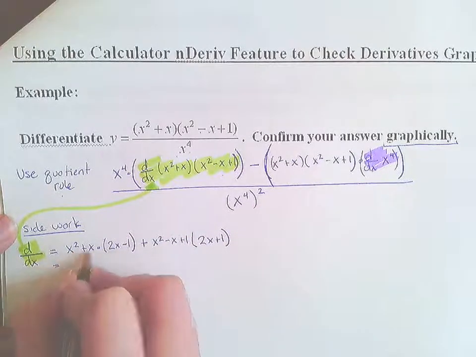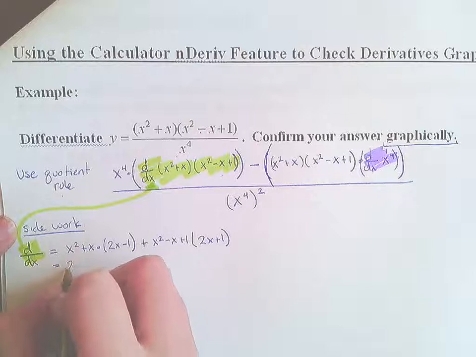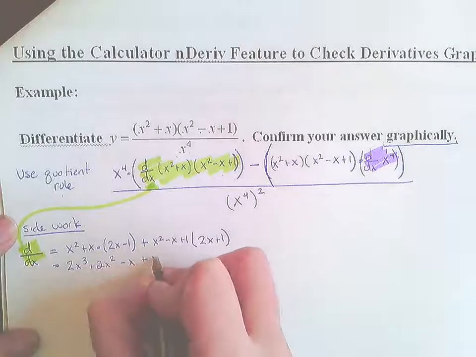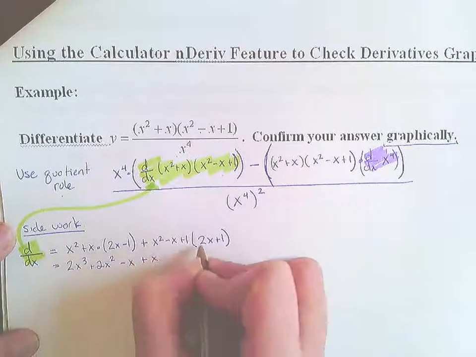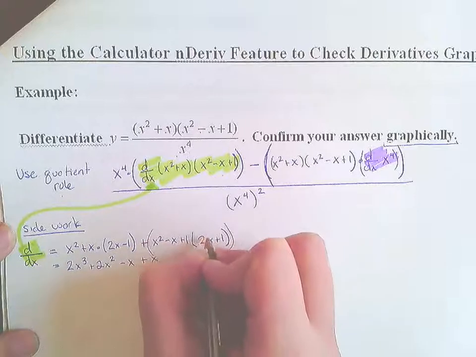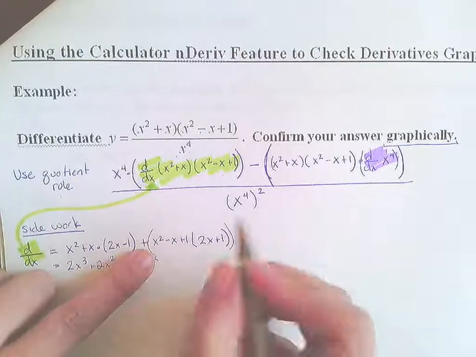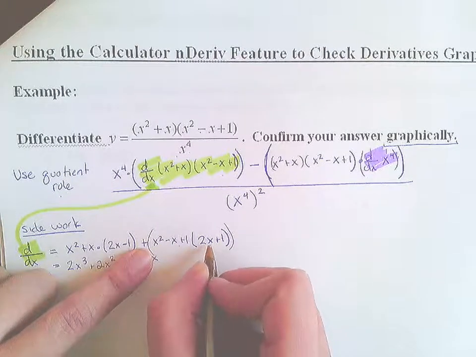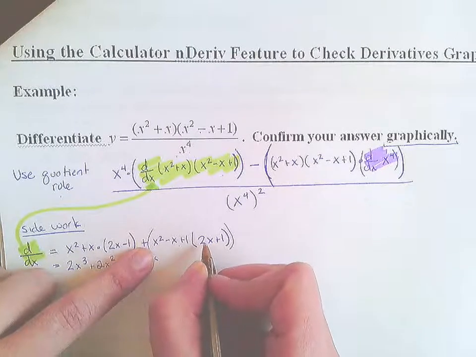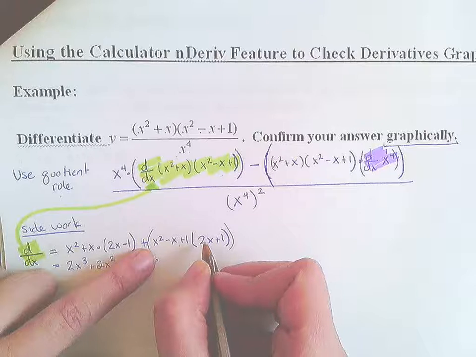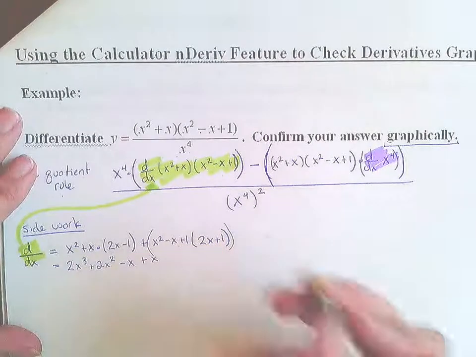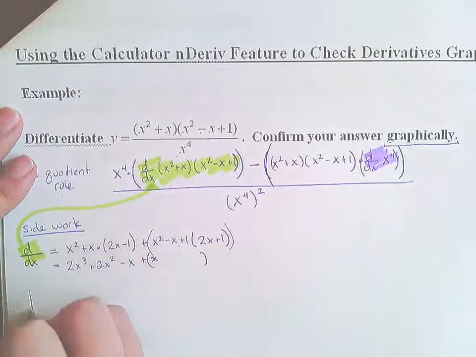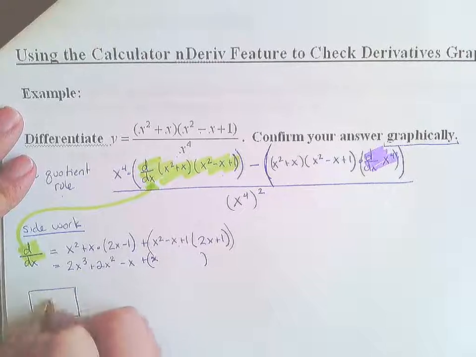We clean this up, so first we have to distribute, so this ends up being 2x cubed plus 2x squared minus x plus x. Remember that this has to be distributed, and you notice that this is a trinomial times a binomial, so you have to be careful with that. If you want to do a little box and multiply that out, you can. So what you end up getting from this, if you were to do a little box to keep yourself organized, it's a lot easier, believe me.